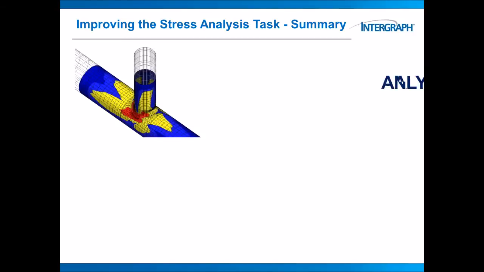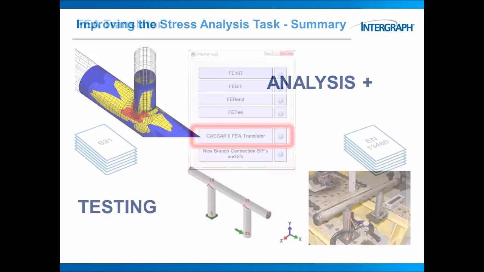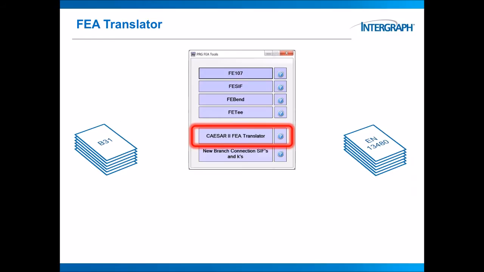They did a lot of analysis on intersections, and they also did a lot of physical testing. They have a test rig in their laboratory in Houston. So there was a lot of physical testing as well as computer analysis done while undertaking this 0702 project. And one of the indirect outcomes of the project was this FEA Tools program, which we're going to talk about today.